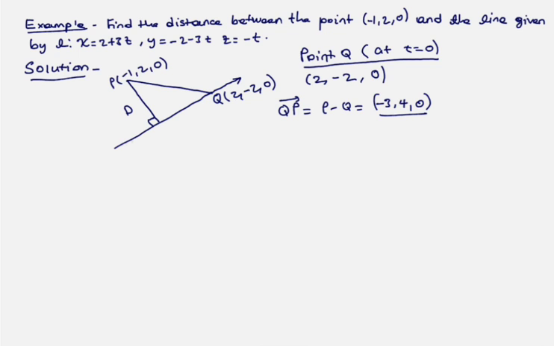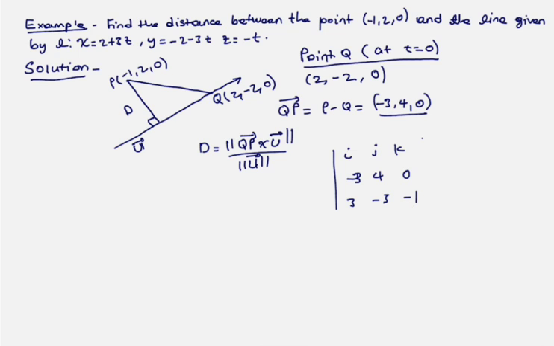ከዛ በመቀጠል የዚህ ዳይሬክሽናል ቬክተር u አለን የላይኑ። ስለዚህ ዳይሬክትሊ የዲስታንስ ፎርሙላን እንጠቀማለን፣ which is the magnitude of QP crossed with u over the magnitude of vector u። QP cross u በሜትሪክስ ሜተድ፣ በዲተርሚናንት ሜተድ እናገኘዋለን: i, j, k; -3, 4, 0; and 3, -3, -1። ዳይሬክሽናል ቬክተራችን ከዚህ ማውጣት እንችላለን: 3 in the i, -3 in the j and -1 in the k። ስለዚህ ክሮስ ፕሮዳክቱ ስንት ይሆናል?